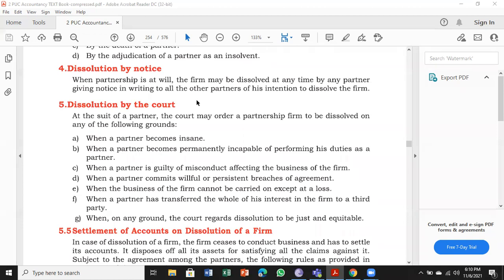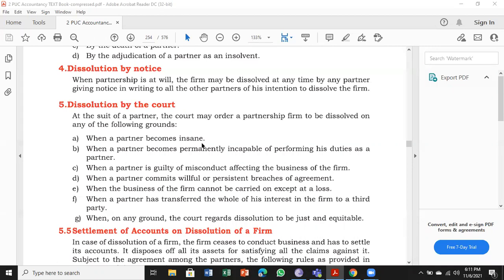The next one, the fifth one, is dissolution by the court order. The court may give an order. We were discussing earlier, the business to be closed due to intervention of law. Law forces the business firm to close it. Reasons are plenty. You have a few here.